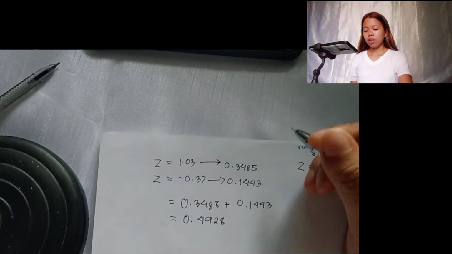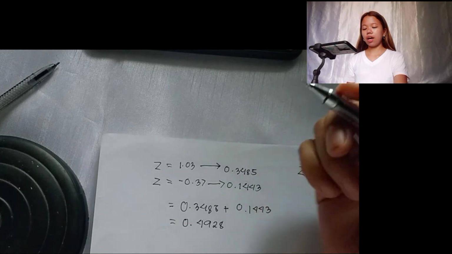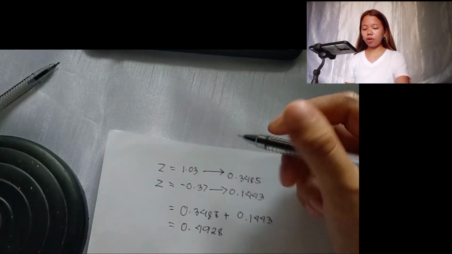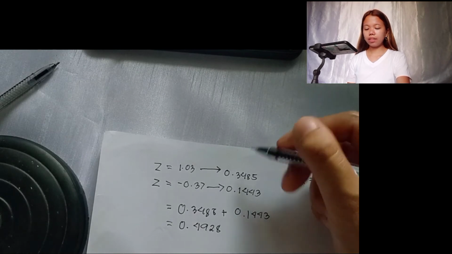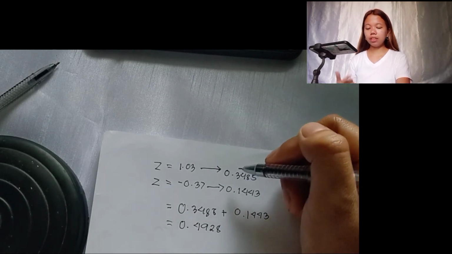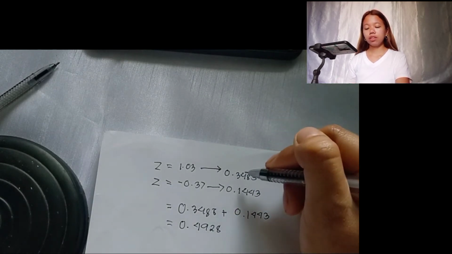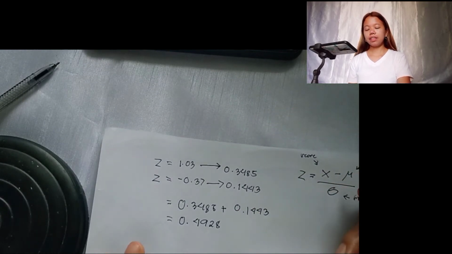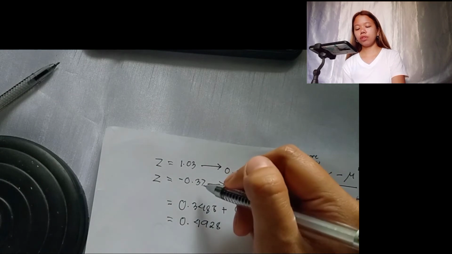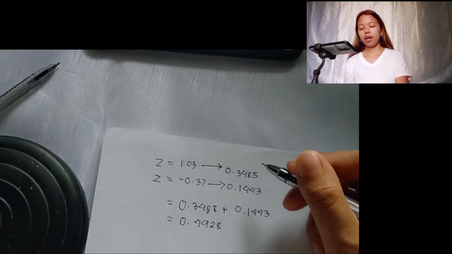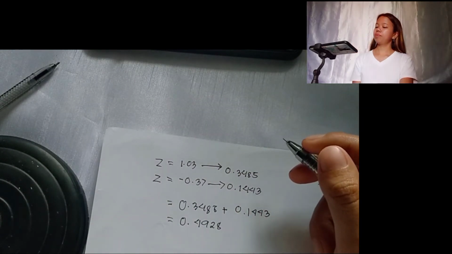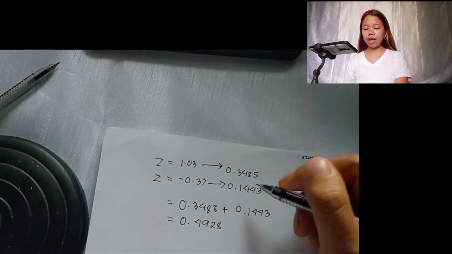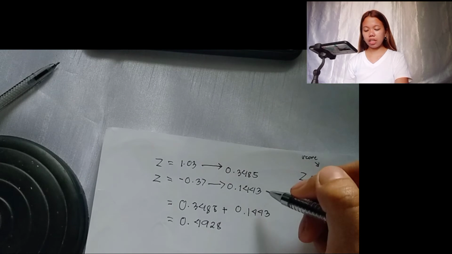So for 1.03, the value for that in the z table is 0.3485, and the other one is negative 0.37. The value of that is 0.1443.